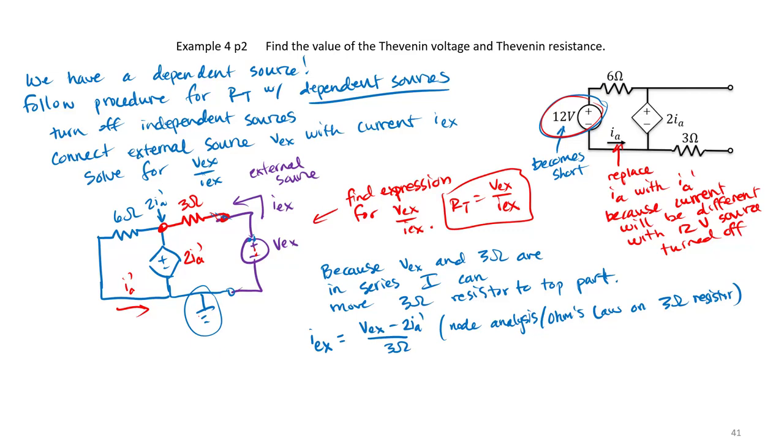So that's a step in the right direction, but notice I need to find that expression for VEX over IEX. I need to get rid of IA prime by finding a second equation.